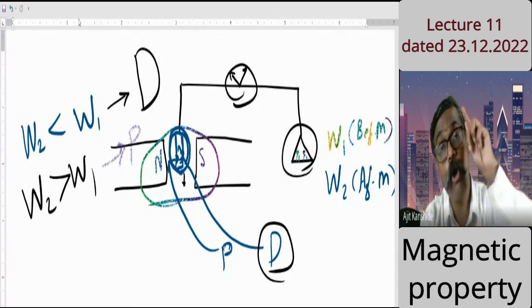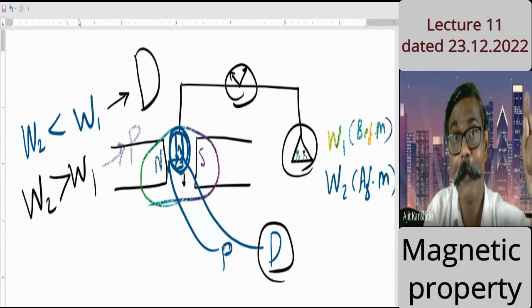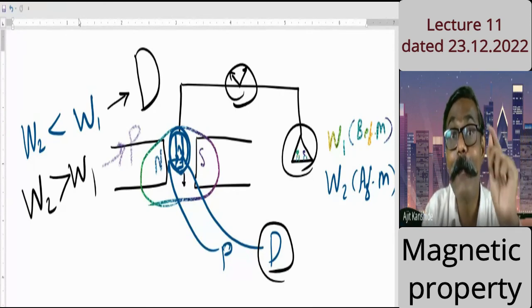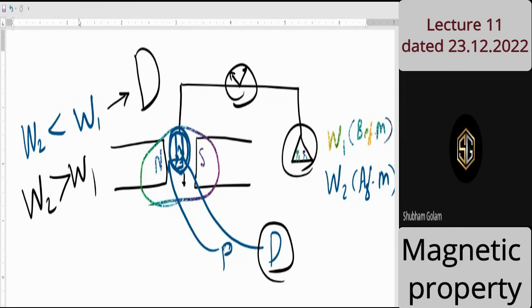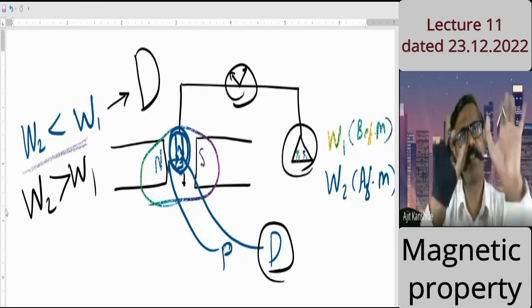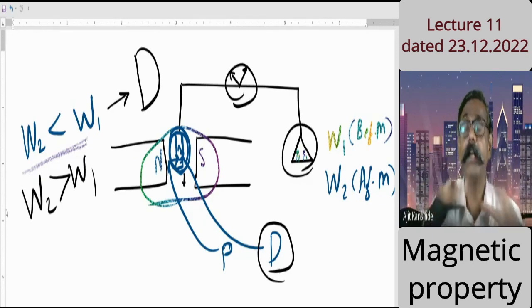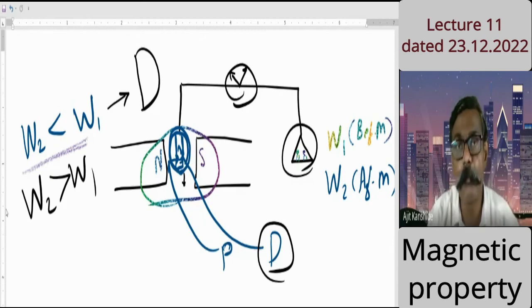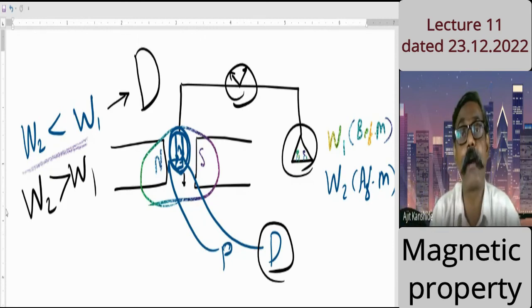But by how much amount it decreases and by how much amount it increases, based on that, we can find the magnetic moment. Are you getting this point? If there is a decrease, then certainly diamagnetism, so there is repulsion. But when there is an increase, how much increase depends on how many lines are passing. That much attraction will be there, that much increase in weight will be there. And the more the increase in weight, the more the number of unpaired electrons.